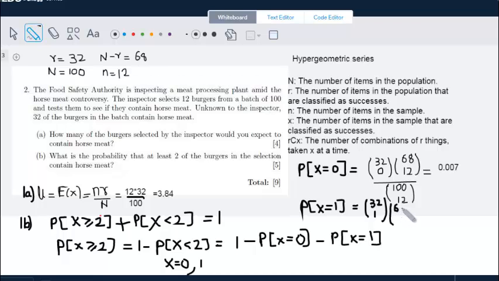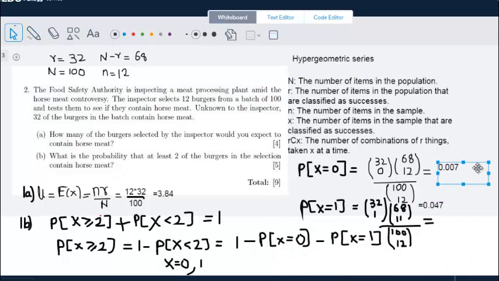N minus r is 68, and n minus x is 12 minus 1, that will become 11, and the denominator will remain the same, that is 100 C 12. Calculating this, you would get the answer 0.047.